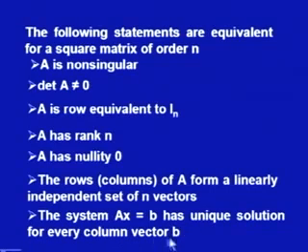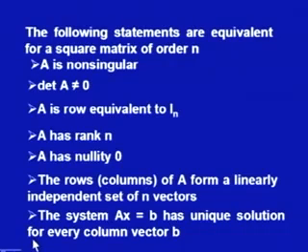So, the non-homogeneous system Ax is equal to b will have a unique solution for every column vector b if matrix A is non-singular or determinant A is not 0 or A is row equivalent to In or A has rank n or A has nullity 0 or the rows or columns of A form a linearly independent set of n vectors, then the system Ax is equal to b has a unique solution for every column vector b.